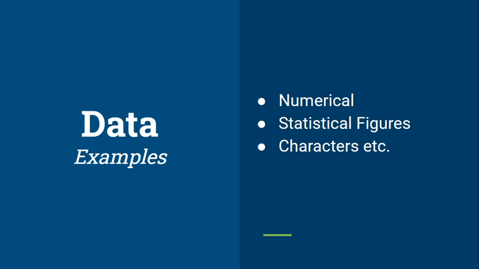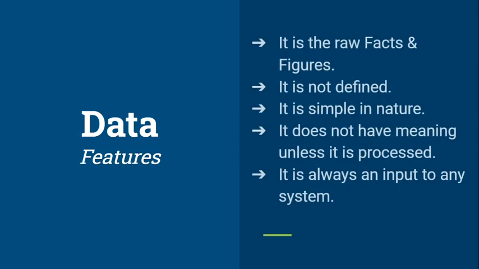So if we combine the different aspects of data, the features that data provides us are, it is the raw facts and figures, then as it is unstructured, unorganized, we can say that it is not defined.